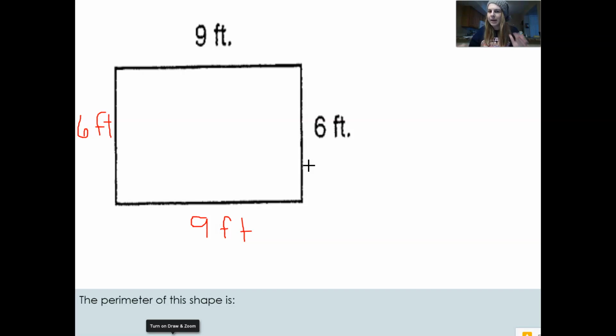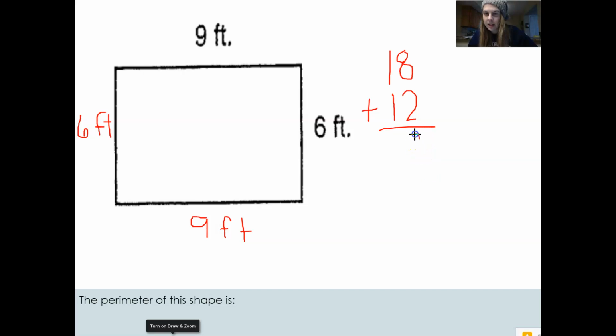I like adding my pairs first, so I'm going to start with 9 plus 9, which equals 18. And I'm going to add 6 plus 6, which equals 12. And now I can take the lengths added together and the widths added together and find my total perimeter. 8 ones plus 2 ones is 10 ones.